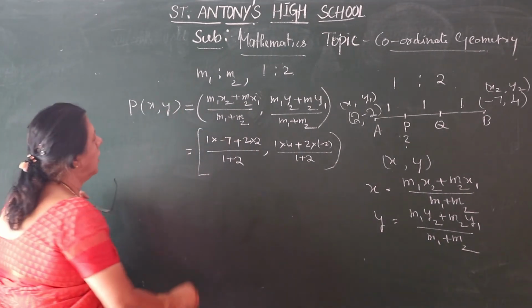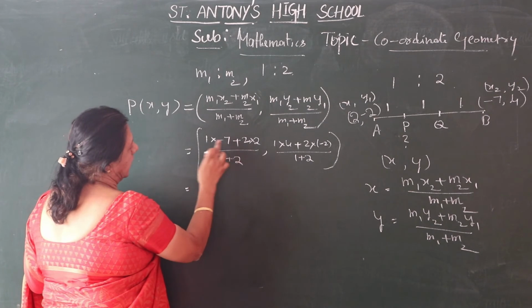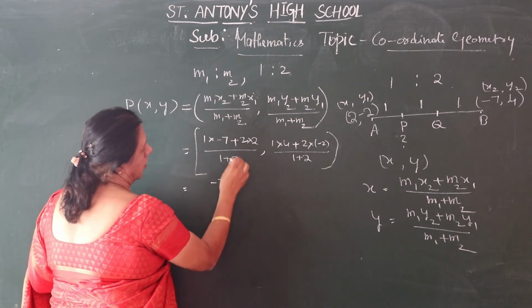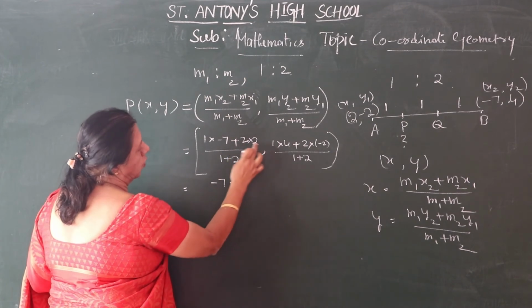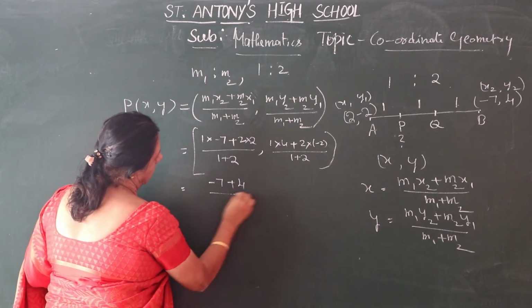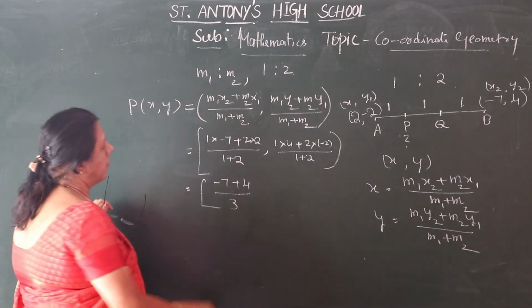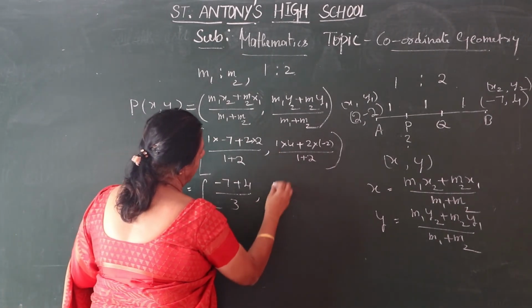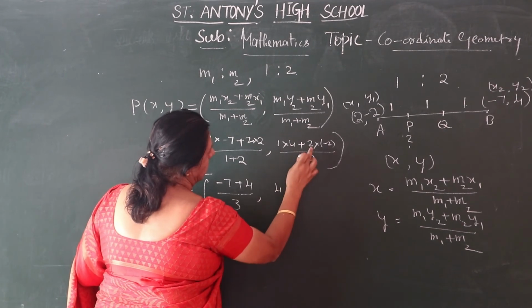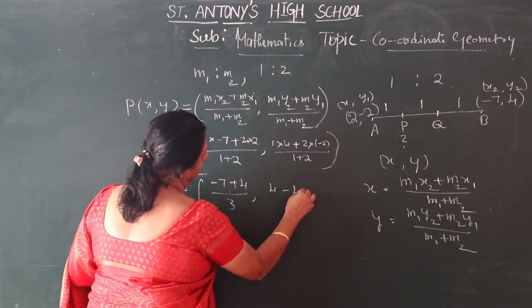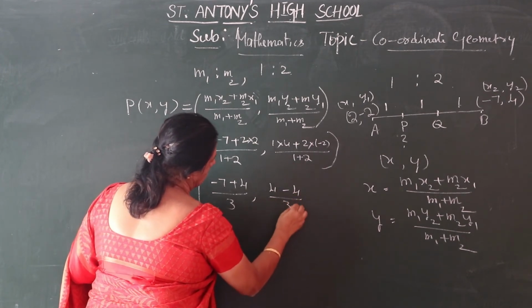Now simplify: -7 plus 4 by 3, comma, 4 plus 2 into -2, so 4 minus 4 by 3.